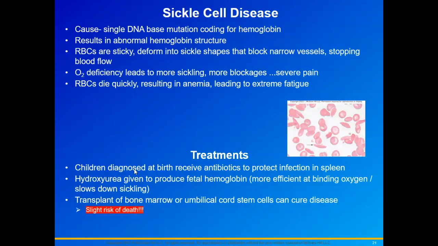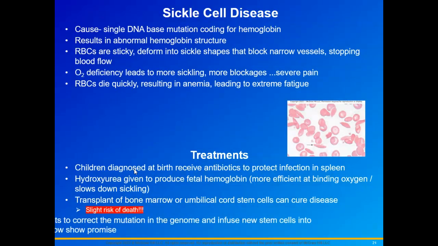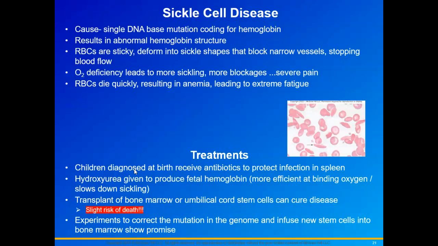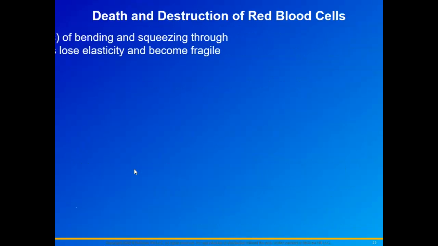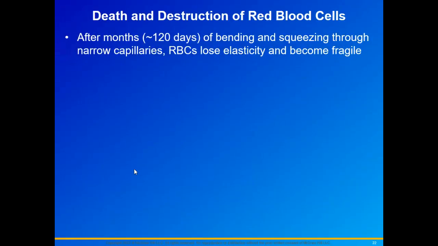Transplant of bone marrow might be helpful, but that can be dangerous, along with umbilical cord stem cells. And then we have other up-and-coming ways. It's controversial because use of stem cells and also changing somebody's genome gets into ethics there. All right, this is talking about the death and destruction of red blood cells.